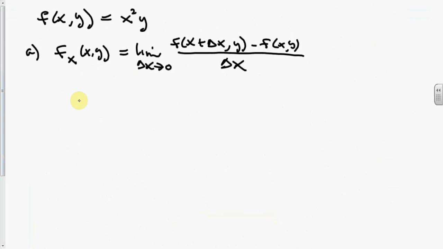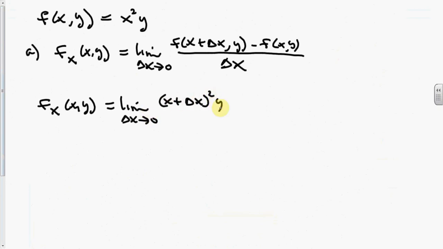So if this is the case, this is the partial of f with respect to x at the point x comma y, the limit as delta x goes to 0 of (x plus delta x) squared times y minus x squared y over delta x.